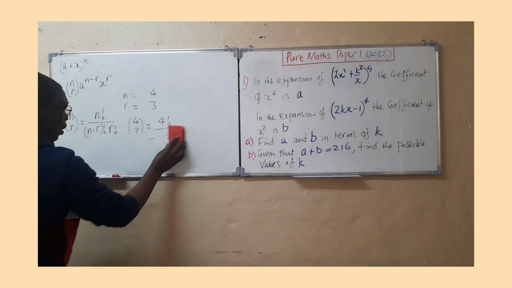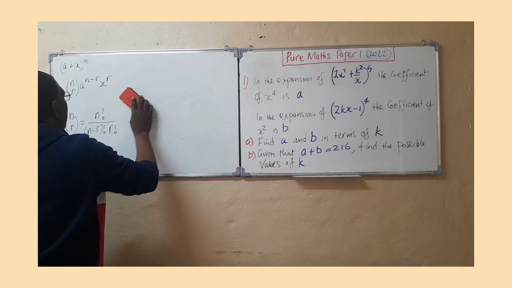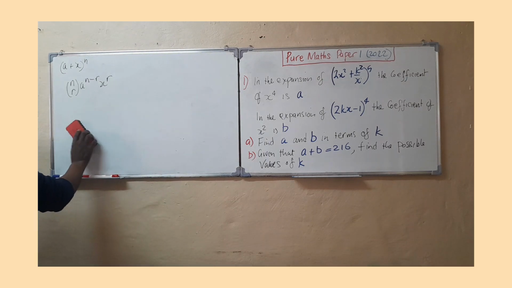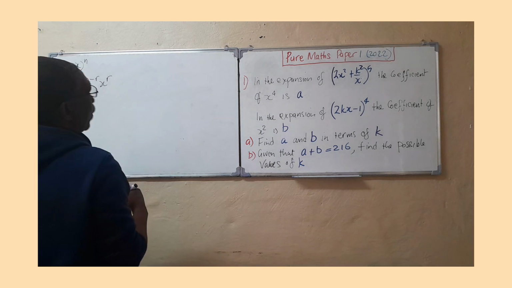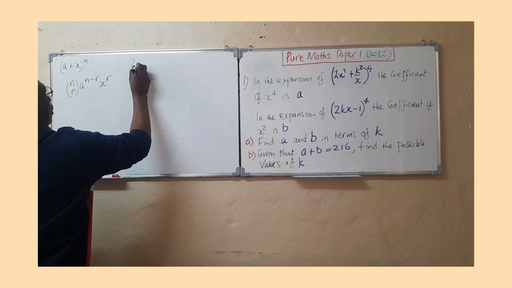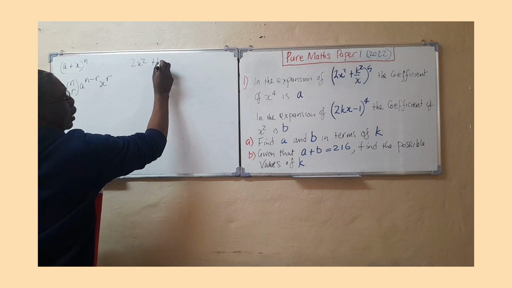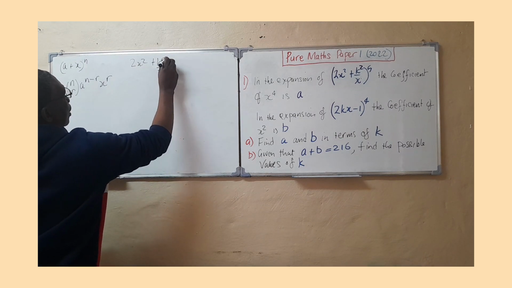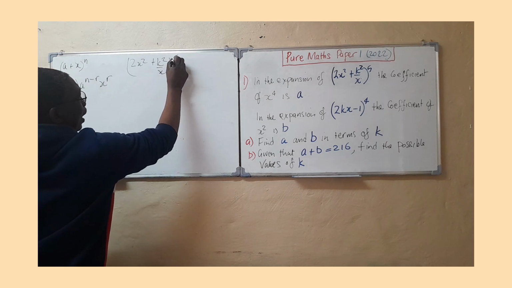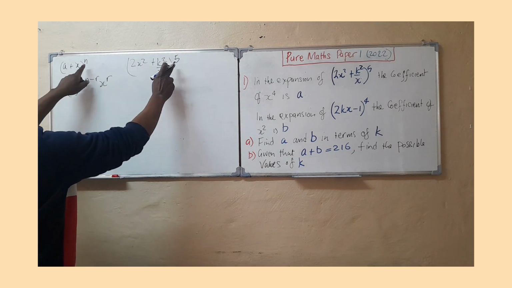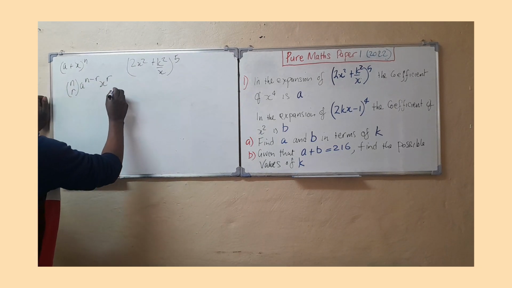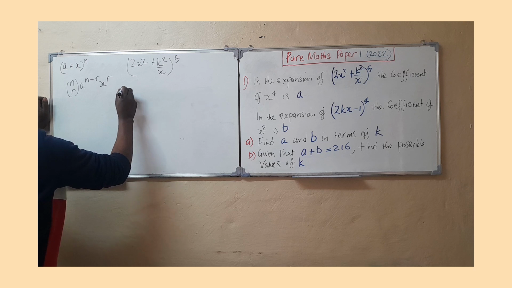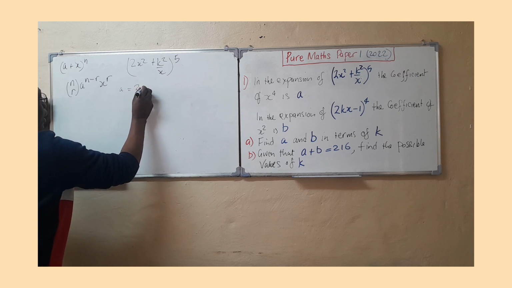Right. Now, how do we use this to handle our problem there? Okay, so now we want to expand (2x squared plus k squared over x) raised to the power 5. So our n is equal to 5. Our a here would be 2x squared.